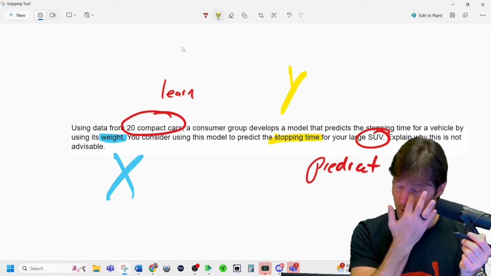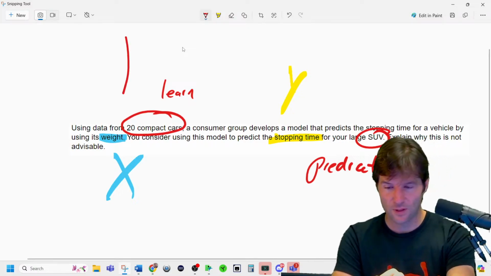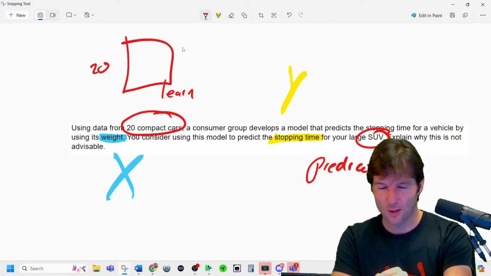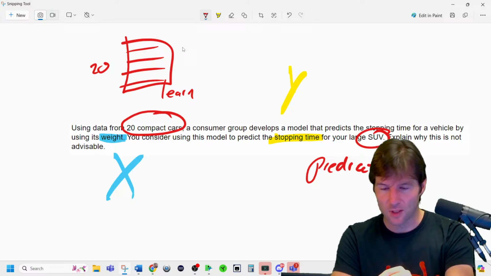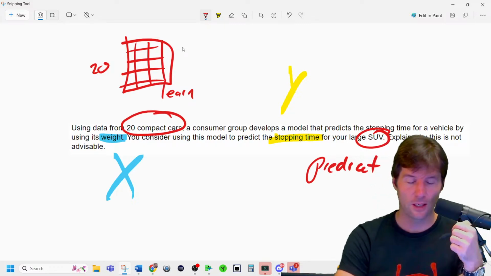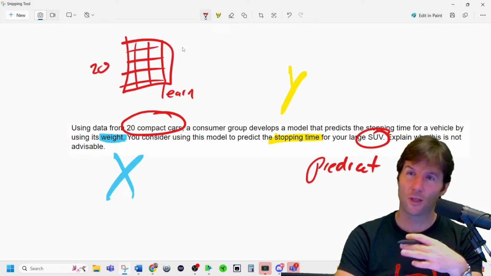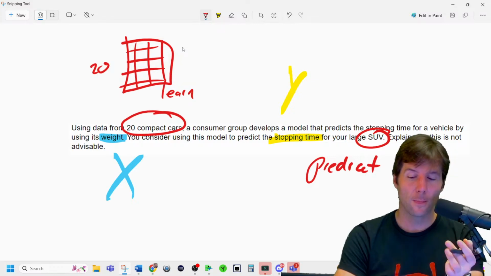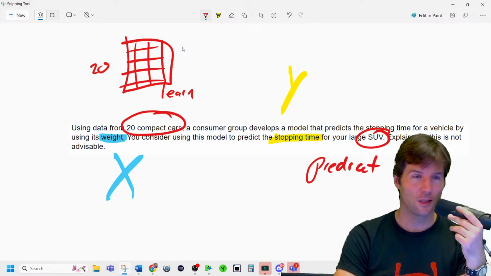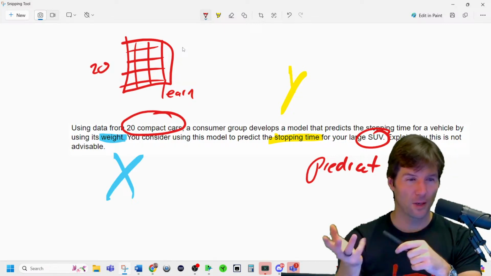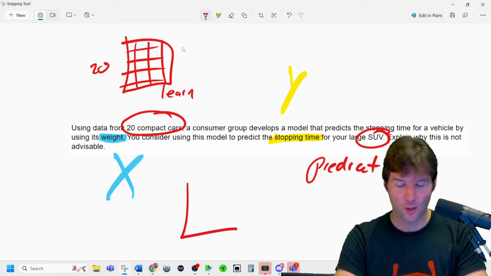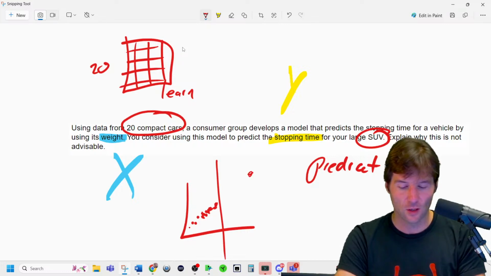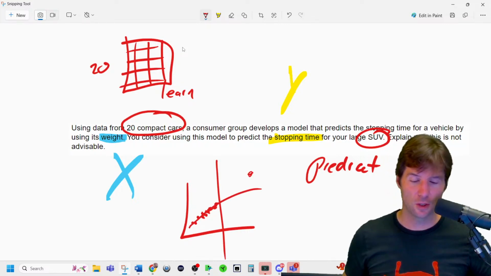Our data is collected from 20 different cars, and then we're going to make a prediction on a car that is an SUV. Don't look at their answers. Just think theoretically why this would not be a good idea. Compact cars weigh less, exactly. So we'd probably have our data down here, and stopping time would have to increase, and our model would only go to there, and the SUVs over here. We don't know if there's like a non-linear relationship.